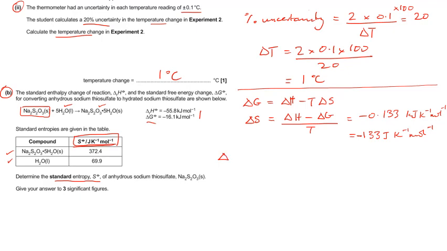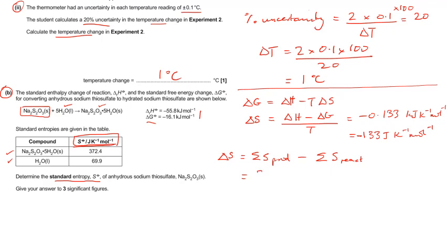Delta S equals the sum of the entropies of the products, take the sum of the entropies of the reactants of the reaction we're considering. There is only one product, hydrated sodium thiosulfate, and we are given the entropy of that.